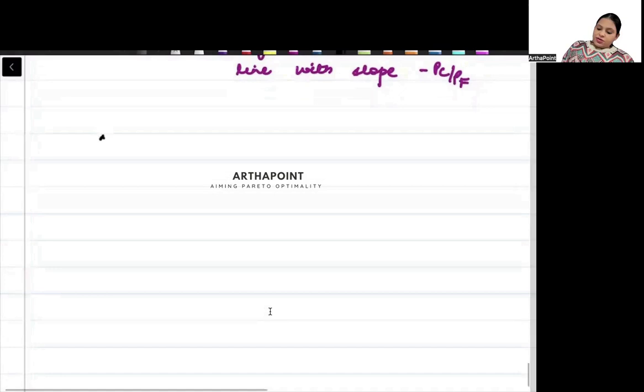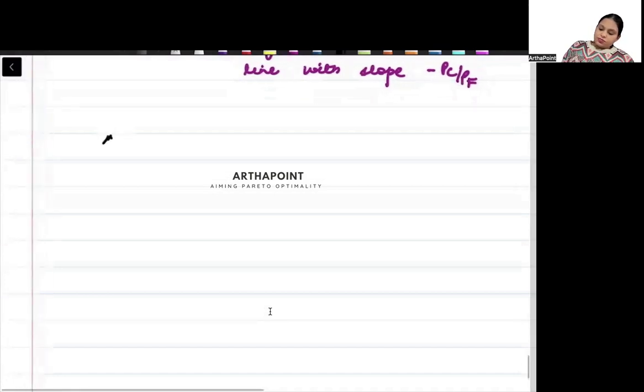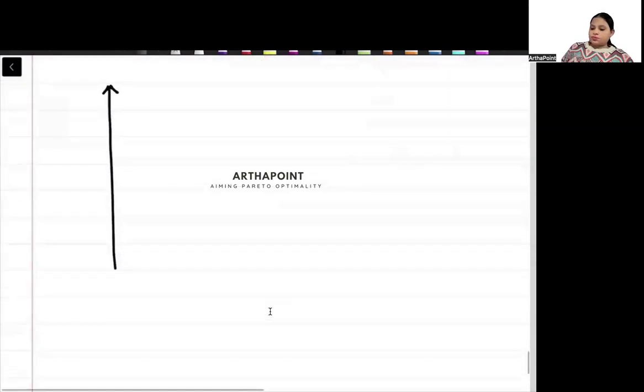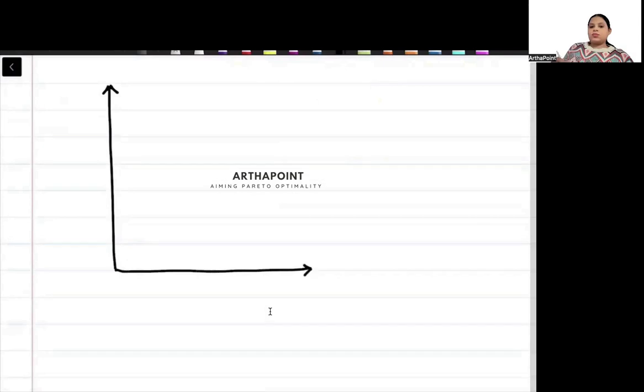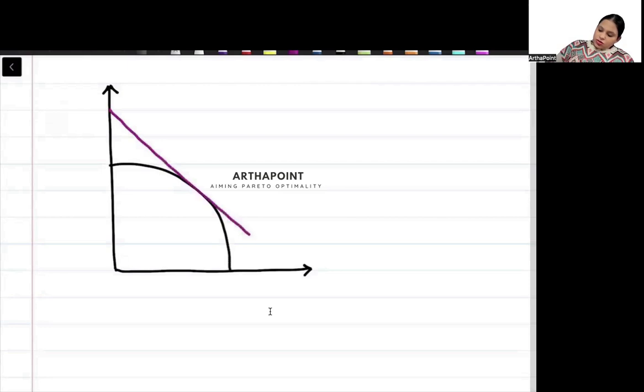So now what will happen is, you have this as your PPF, okay beta? Suppose this is your ISO value line. This is your point of production.